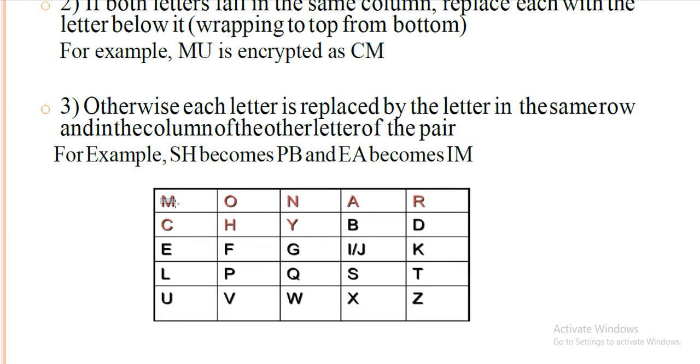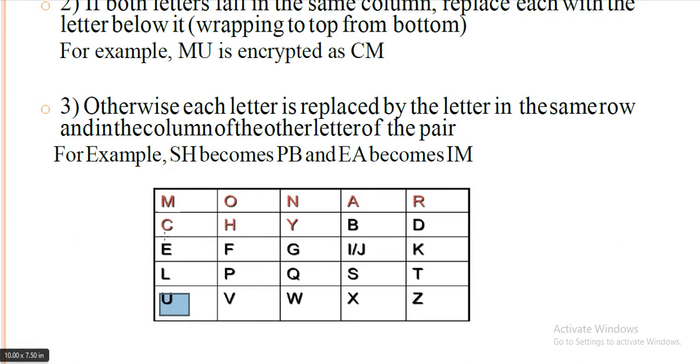So this is the M, right, and this is the U. So these fall in the same column, right? Previously our AR was in the same row. Whatever method we applied for the same row, the same method we apply if we find a pair of alphabets in the same column.